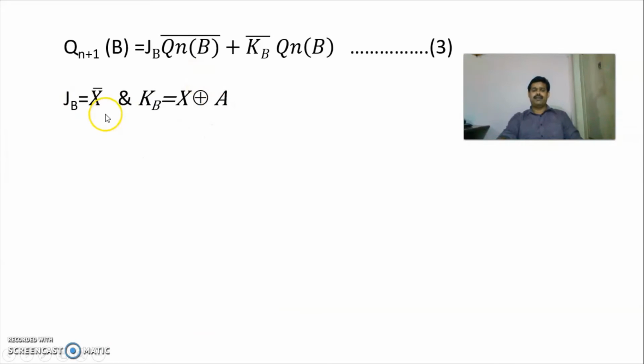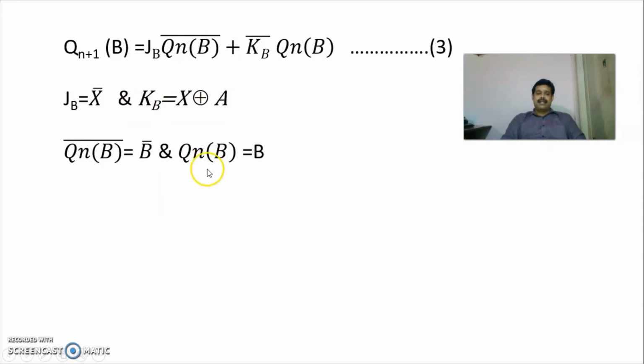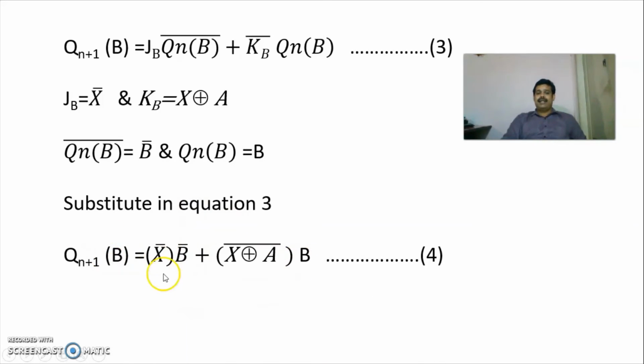Similarly, we are going for JB. So the next state equation of B is Qn+1 of B is equal to JB Qn B bar plus KB bar Qn B. From the question, JB is equal to X bar and KB is equal to X XOR A, and Qn B bar is B bar and Qn of B is B. So we are substituting in equation 3 and we are getting like this.